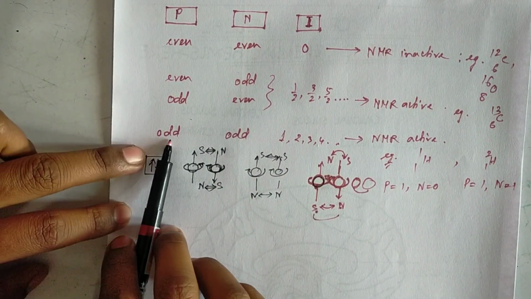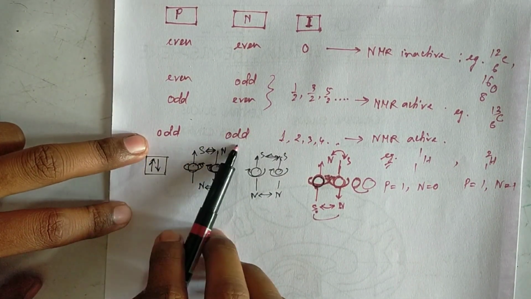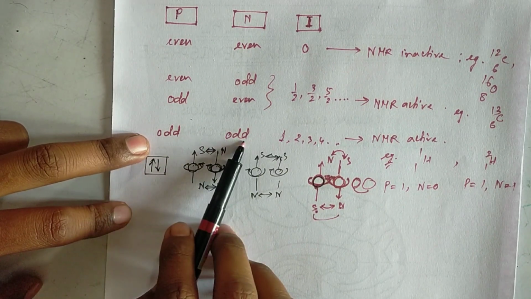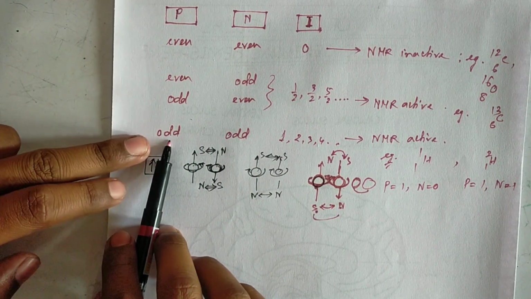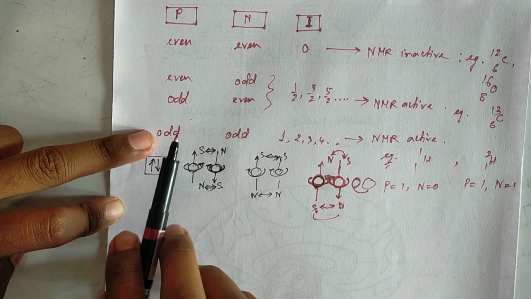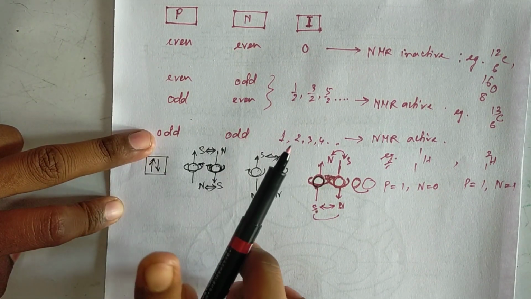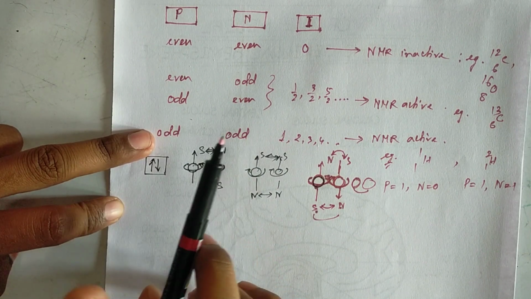Okay, in case of this type of nucleus, there are an odd number of protons. Suppose 5 protons are there, where 4 protons will pair up and 1 proton will remain.